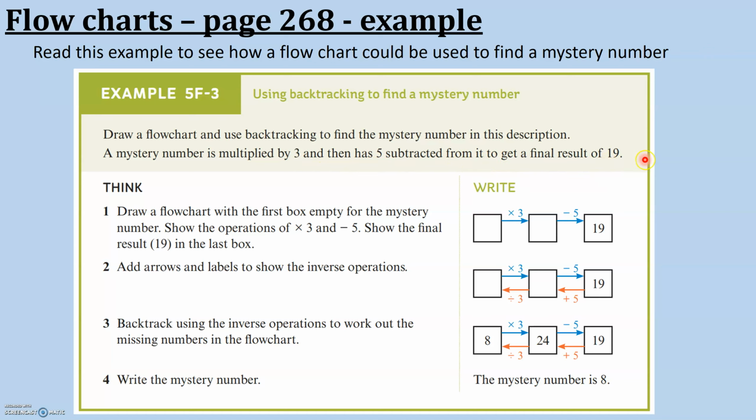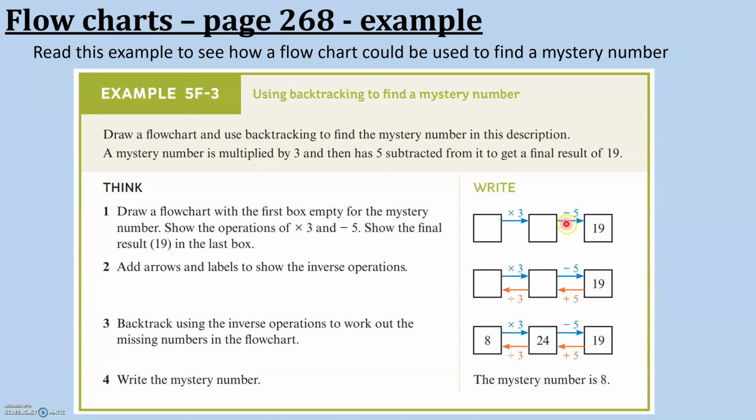Okay, and the way to solve this problem is we draw out a blank flowchart, and the only number that we know is 19. We know we finish with number 19. And we know that whatever our mystery number was, we multiplied it by 3, and then we took away 5. Once you've got that drawn out, then all you need to do is use the skills you used on the previous problems to fill in the blanks.